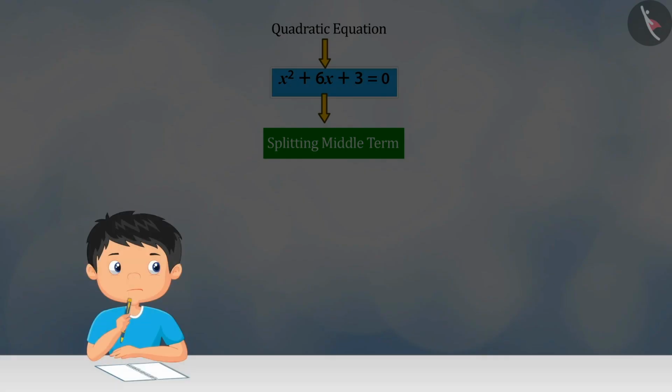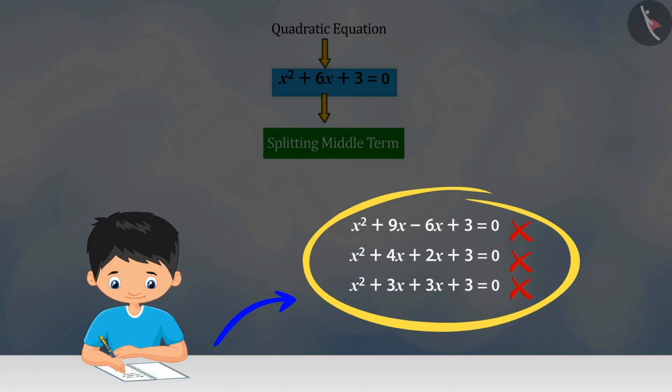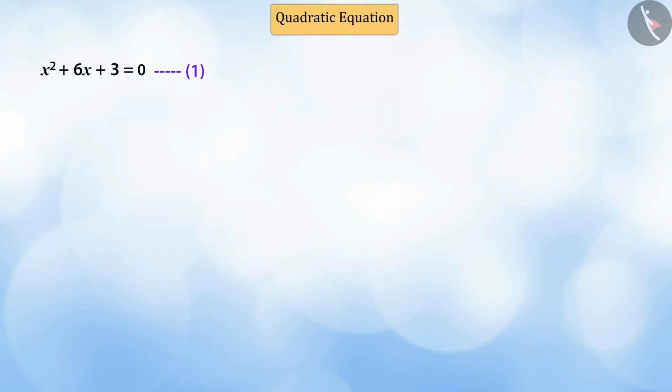If we try solving this equation using the splitting the middle term method, we will not succeed as we cannot factorize the equation. Let us now solve the quadratic equation x square plus 6x plus 3 equals 0 by another method.